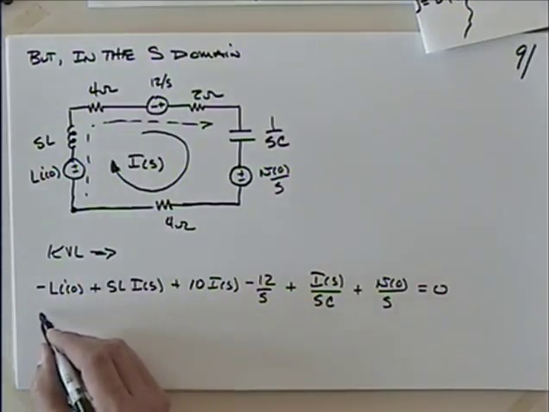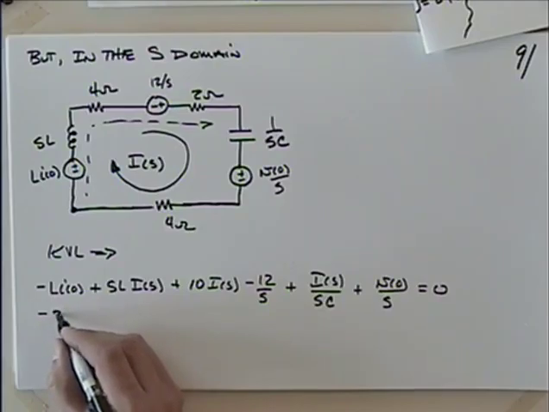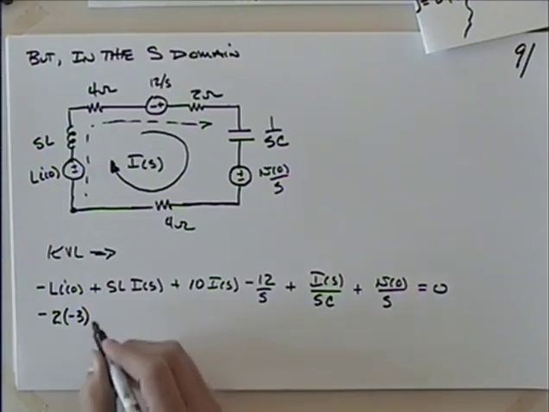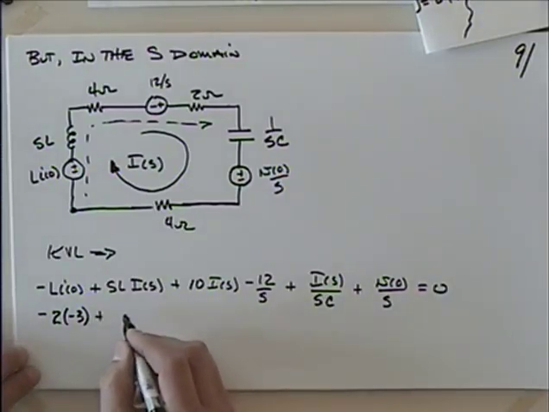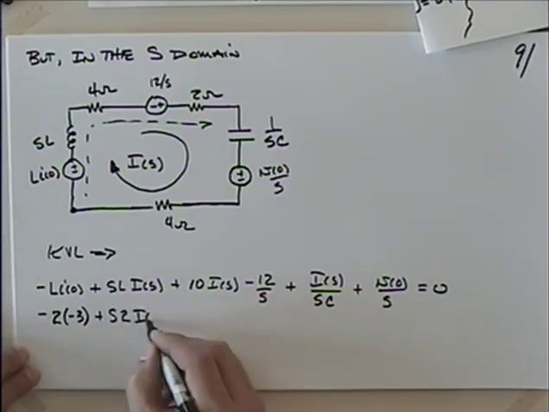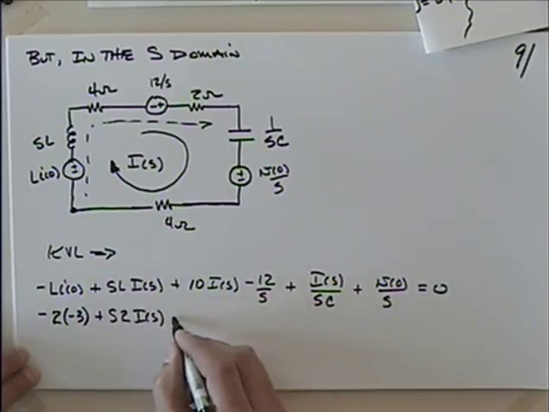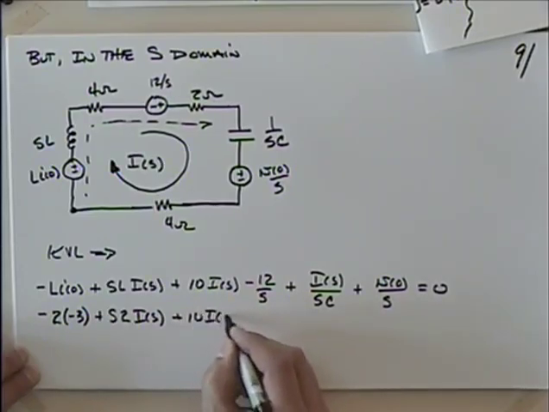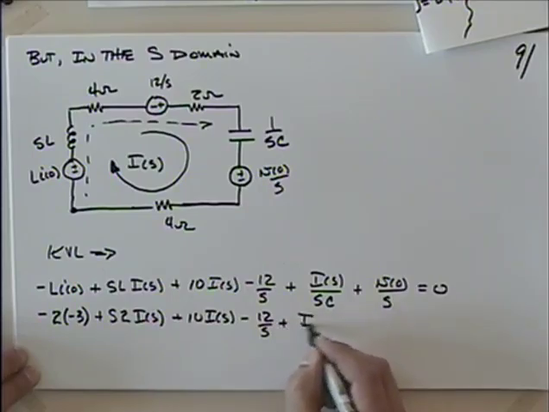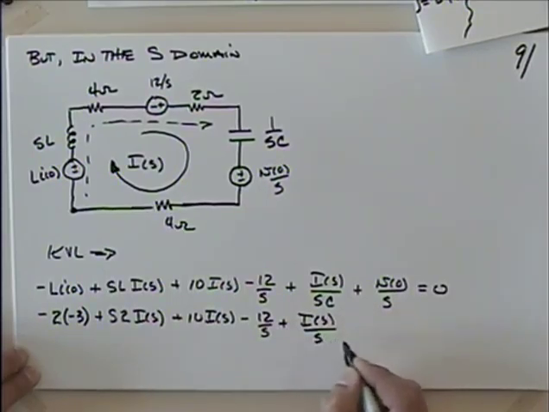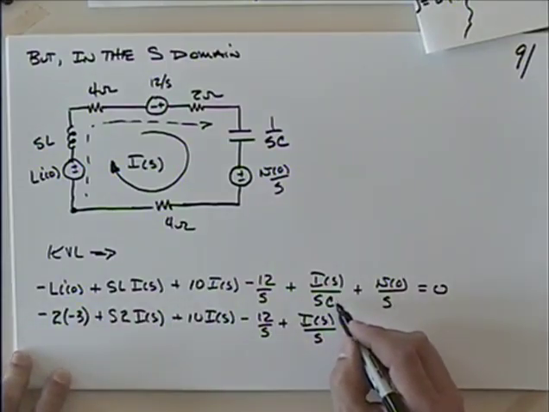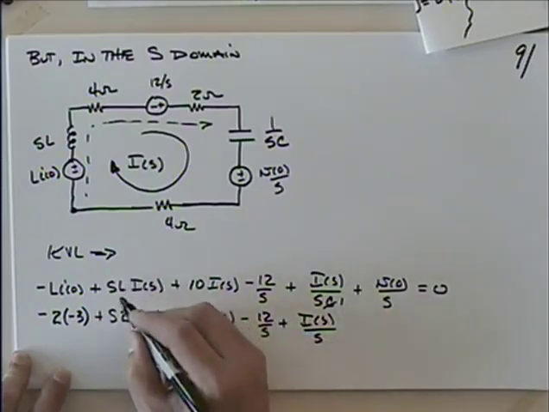So I have minus, the value of the inductor is 2 times a minus 3 because of the direction of the currents, plus S times the value of the inductor is 2, plus 10 minus 12 over S plus IS over S, because C is 1, right? That was 1. This is 2.